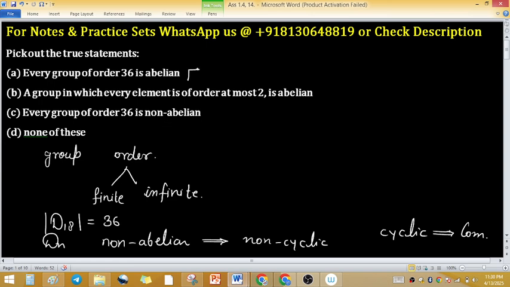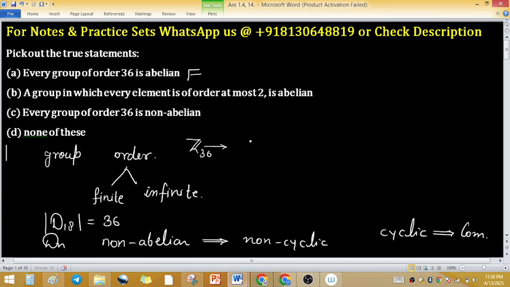But it doesn't mean a group of order 36 may not be cyclic. You can consider Z36. This group is cyclic as well as abelian, because cyclicity implies commutativity. So a group of order 36 may or may not be abelian.